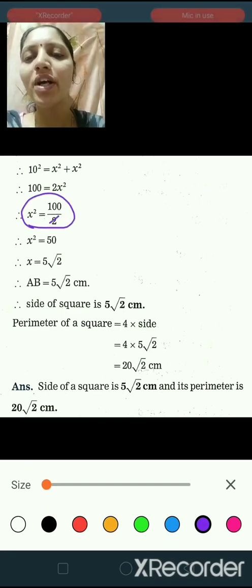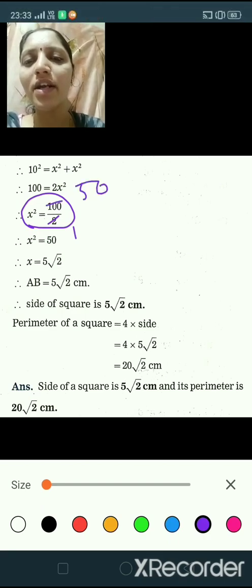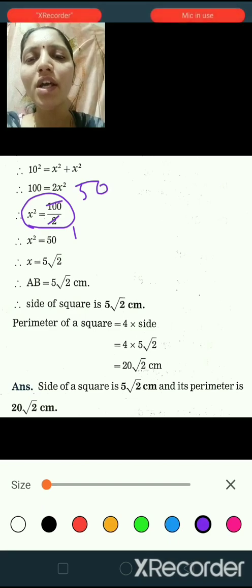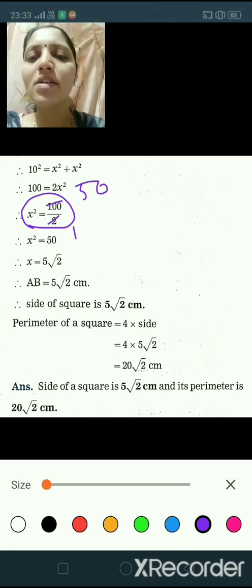Now divide this 100 by 2, 2 ones are 2, 2 50s are 100. So you will get here x square is equal to 50. If you find the square root of both sides, you will get x is equal to 5 root 2. Now x is nothing but AB, so AB is equal to 5 root 2 centimeter. So therefore the side of the square is 5 root 2 centimeter.